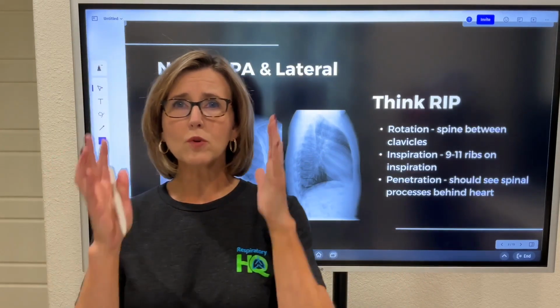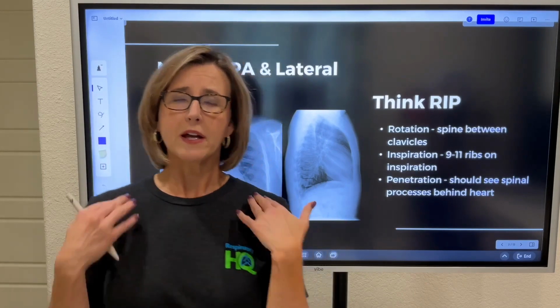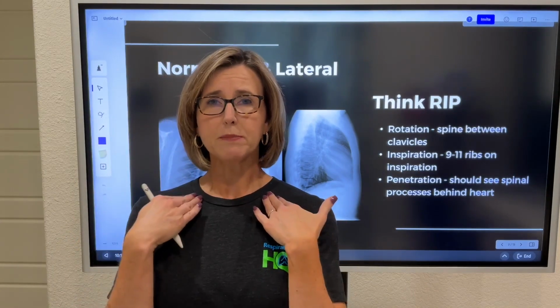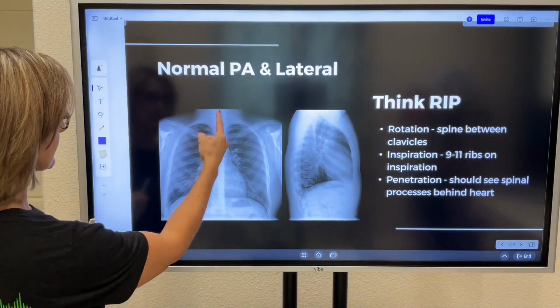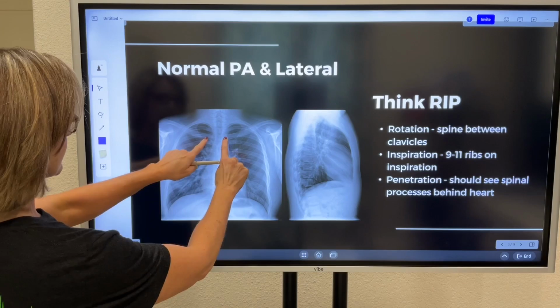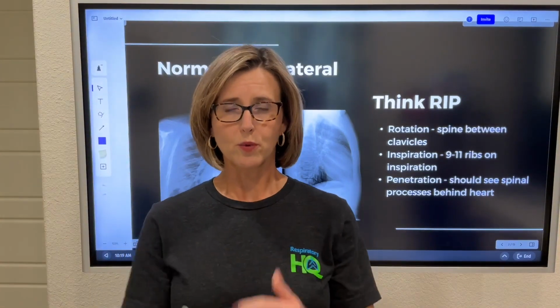On a normal film, with a normally positioned patient, their spine should be between their clavicles. If you look at this, you can see where the spine is, and it's right between the clavicles. Here's why you need to check for rotation.